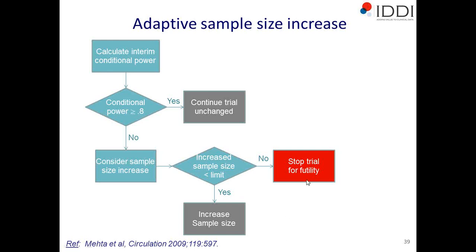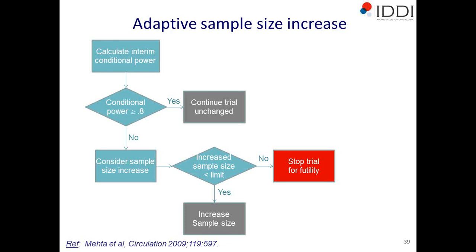If no, if your sample size is much larger than you can ever consider, then you just stop the trial for futility, and you will not waste your time and money on something which does not bring you the answer you were hoping for. So it's just this idea of computing the conditional power based on the results you observe now, and continuing or not, or increasing your sample size or not, depending on this conditional power.